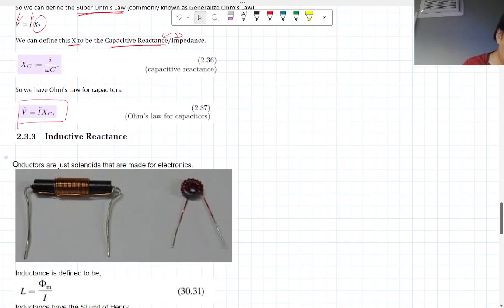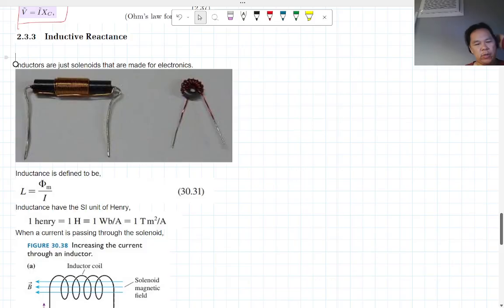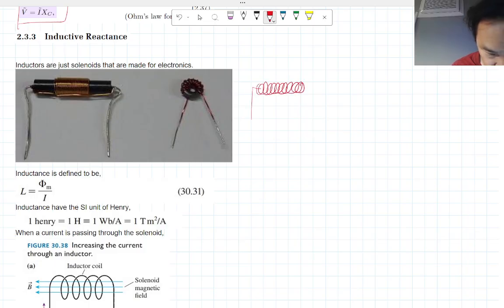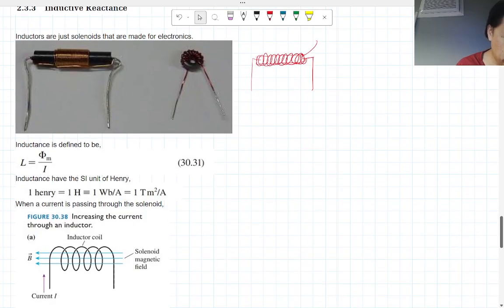Similarly, for inductors, I'm just going to do a quick review. Inductors are basically devices where you curl a wire loop around a, what's it called, solenoid, right? A lot of times you insert some material in here that has a high magnetic susceptibility, and therefore it actually increases the inductance.